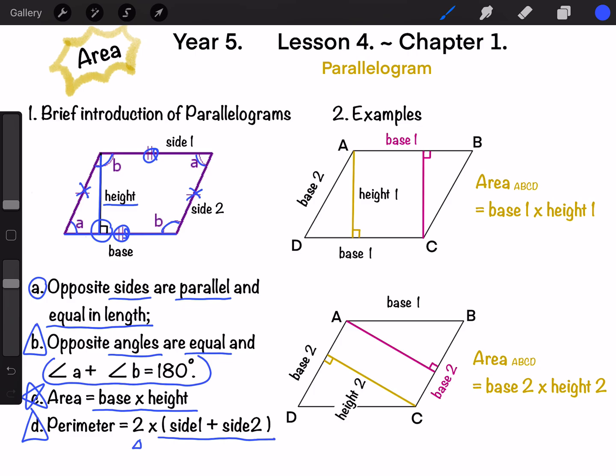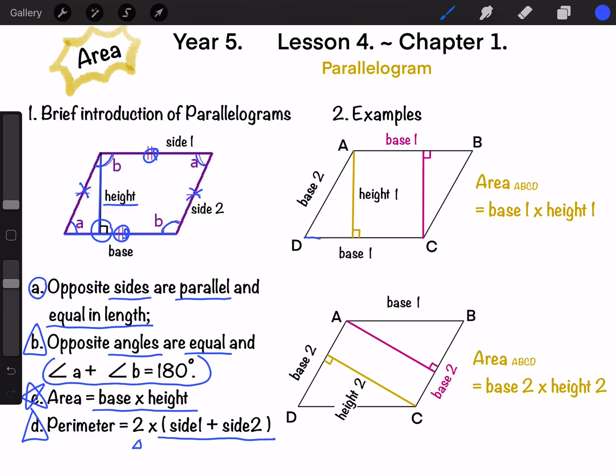Now I would like to explain a bit more about area of parallelogram. Below we have 2 parallelograms, A, B, C, D. They are exactly the same. Let's look at the first parallelogram.